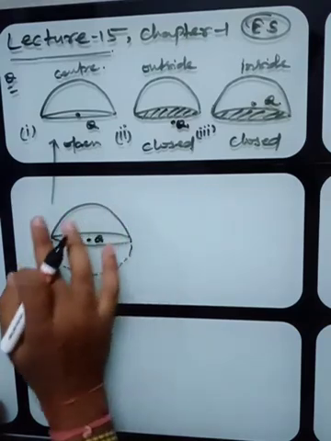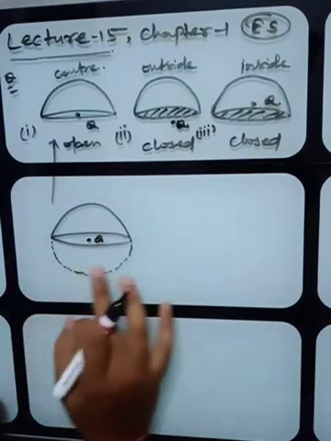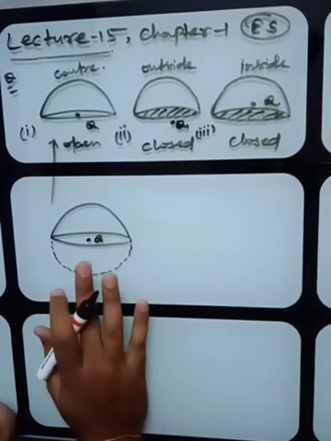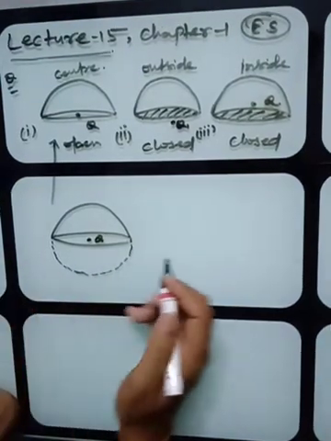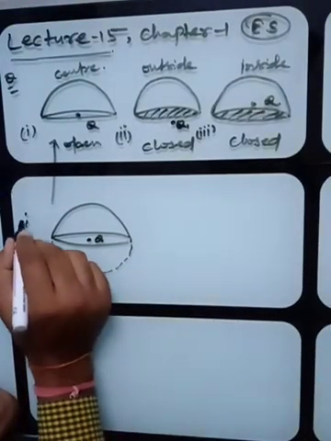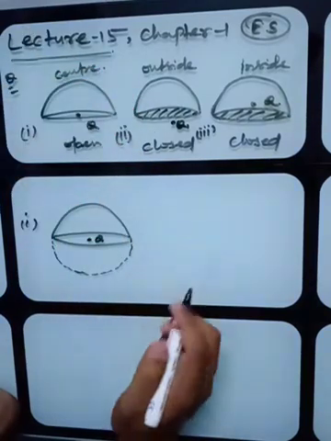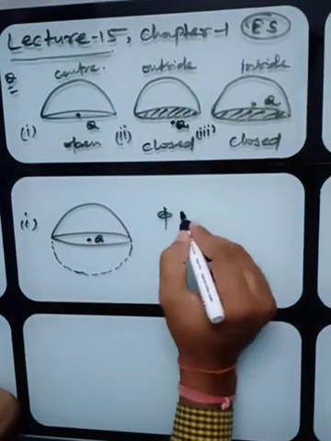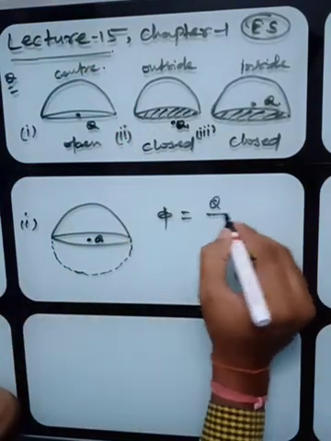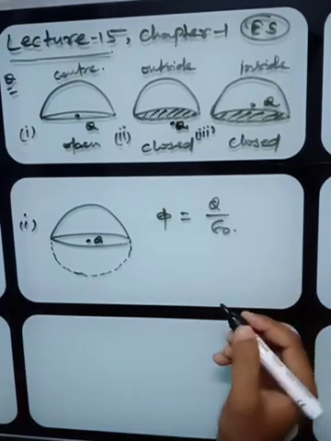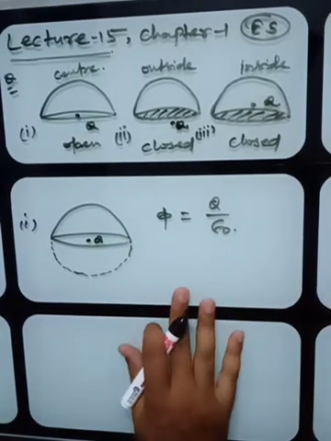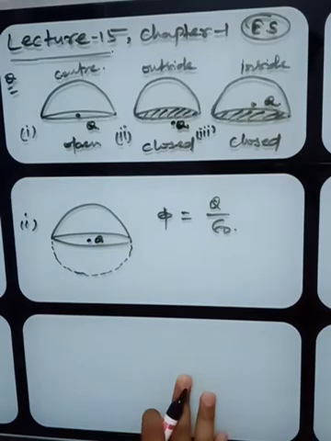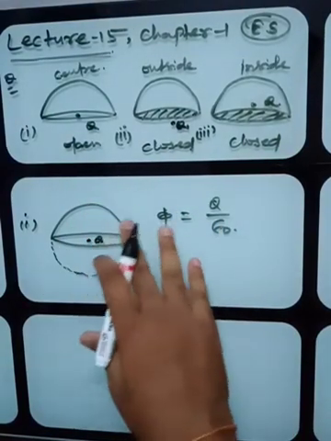Now if this is closed completely, the electric flux for this charge will be how much? For this first case we are solving, the electric flux will now be Q by epsilon naught. But you do not have the total sphere, you have the half sphere, that is the hemisphere.